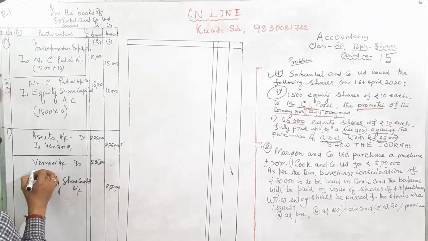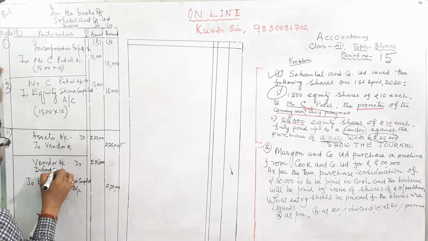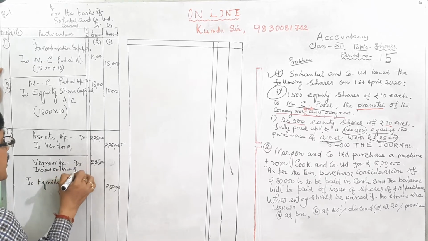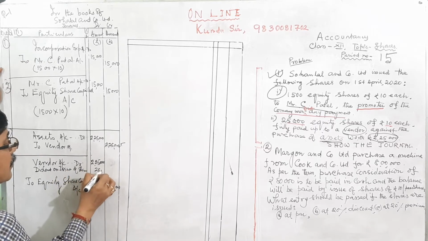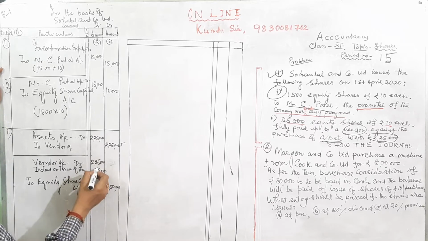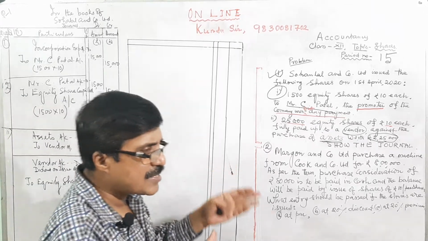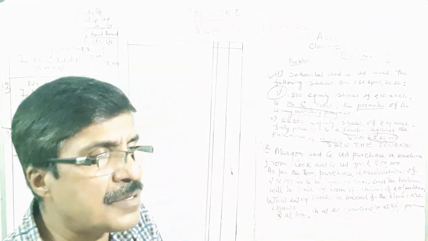That means discount on issue of shares 25,000, because in case of purchasing any company, it should be adjusted either in goodwill or capital reserve.